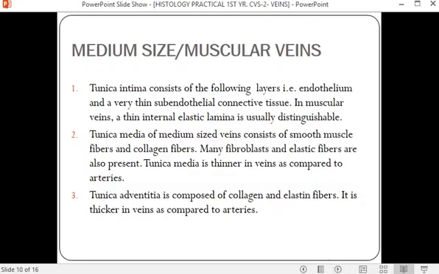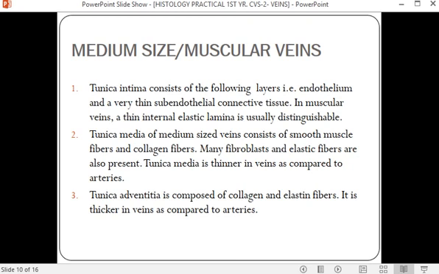Now, the medium-sized or muscular veins. Tunica intima consists of the following layers: endothelium, a very thin subendothelial connective tissue, and internal elastic lamina, which is very thin and is usually distinguishable in medium-sized veins. Tunica media of medium-sized veins is composed of smooth muscle fibers and collagen fibers.